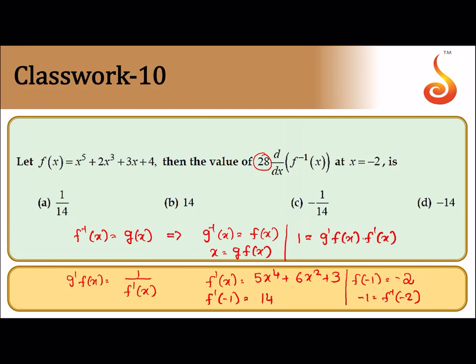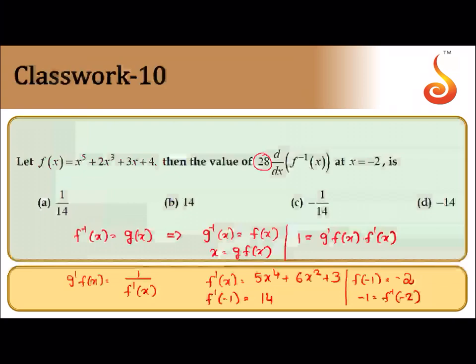So it clearly indicates that g dash of minus 2 is nothing but 1 by f dash of minus 1. So f dash minus 1.